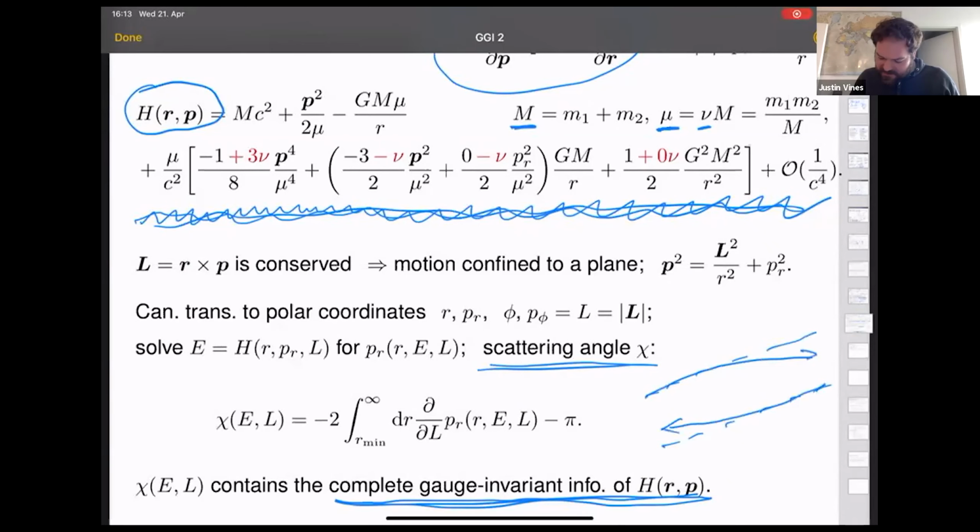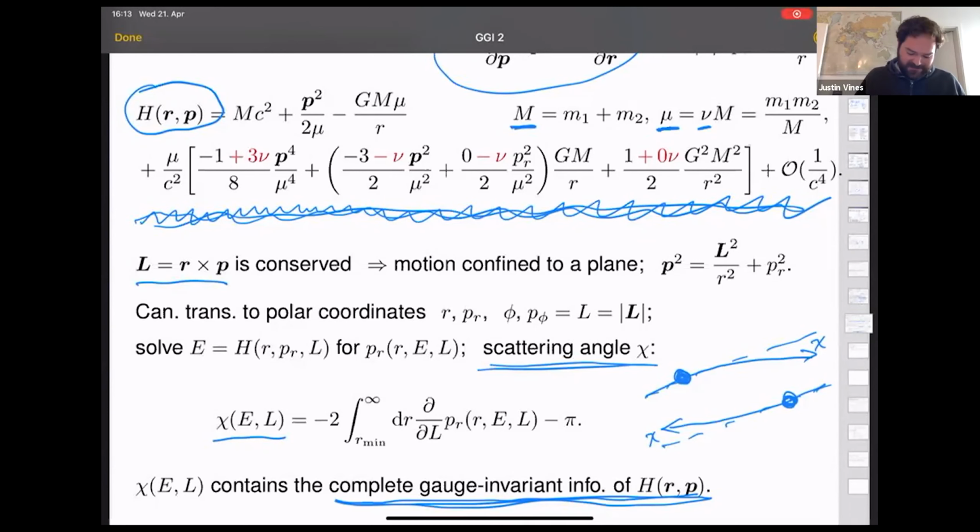Let's say it looks something like this, and both bodies in the center of mass frame are deflected by some scattering angle chi. And that scattering angle can be expressed as a function of the total energy and total orbital angular momentum of the system.